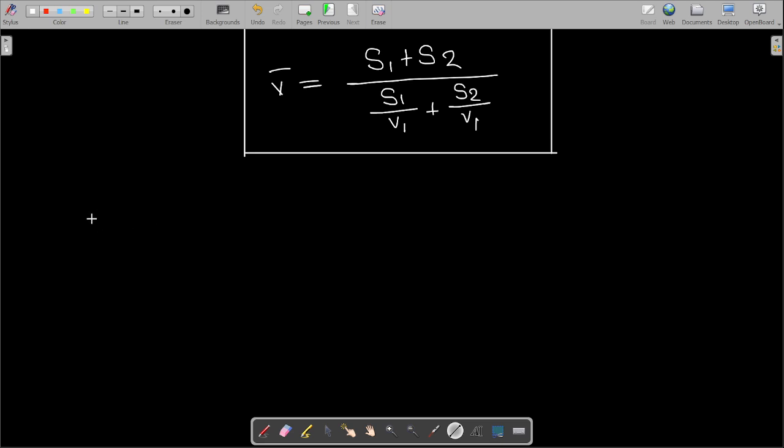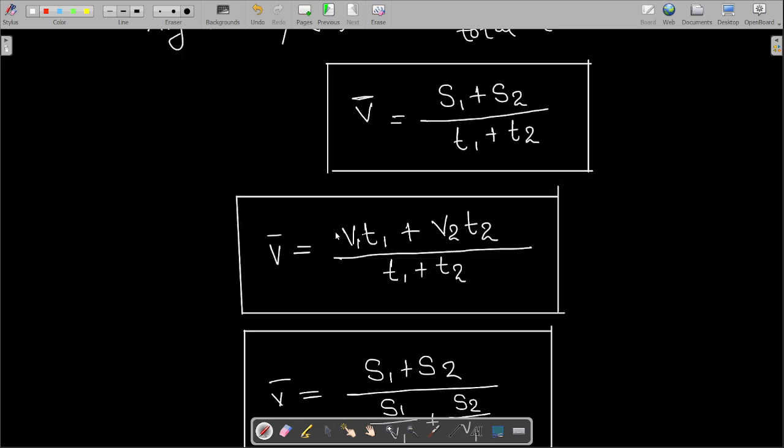Let us suppose case 1, where t1 equals t2 equals t. What does it mean?